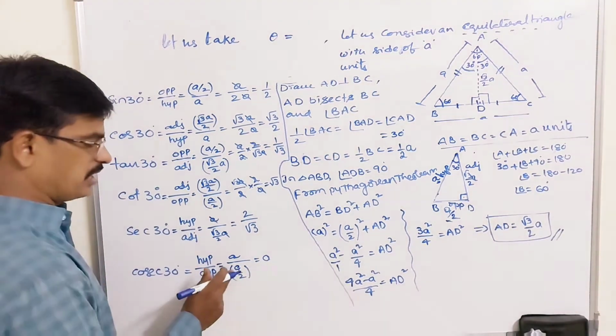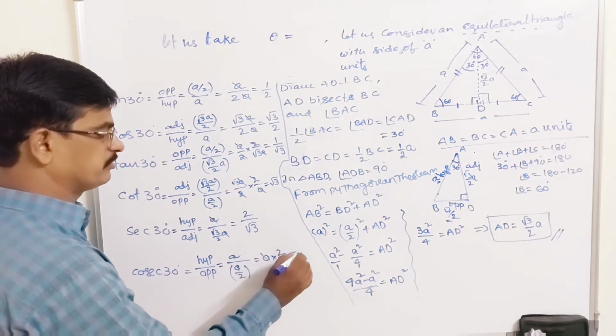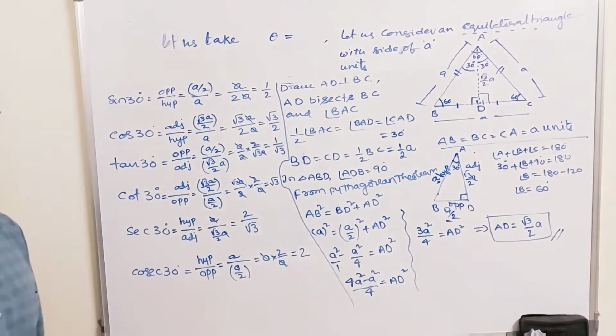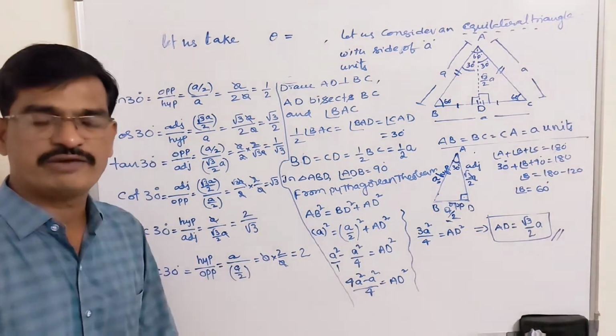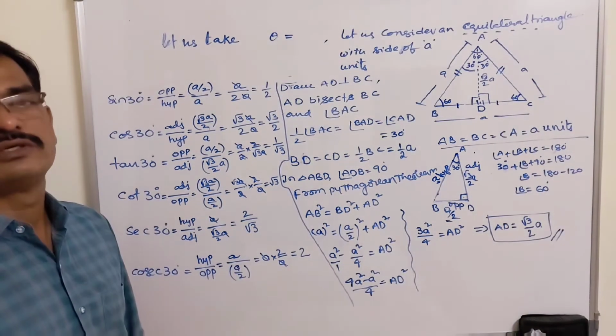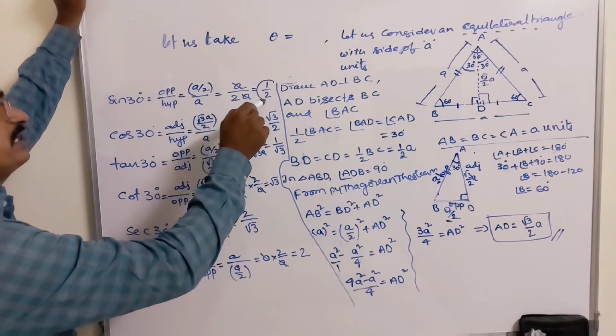Now a by 2 becomes 2 by a, reciprocal. A cancels out, then what is the answer? The value of cosecant 30 is equal to 2. So now again observe here clearly, sin 30 is 1 by 2.